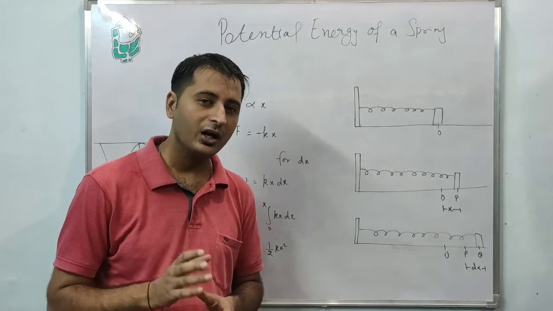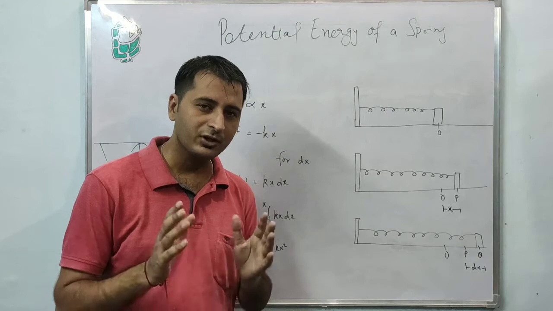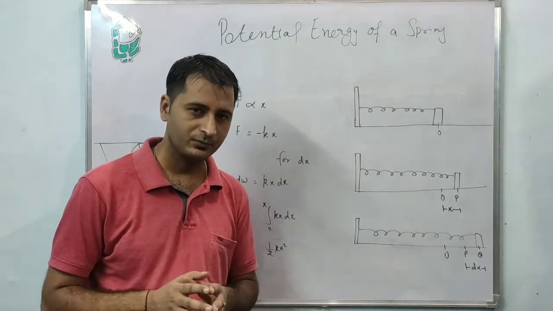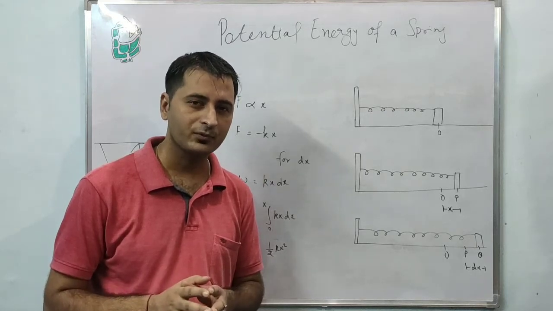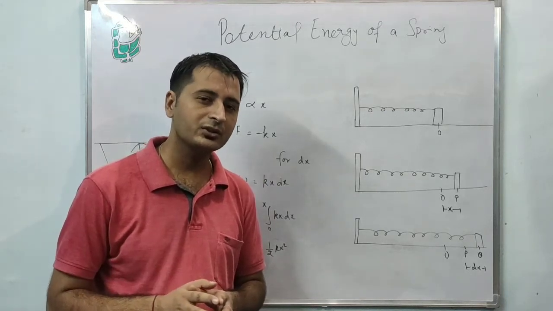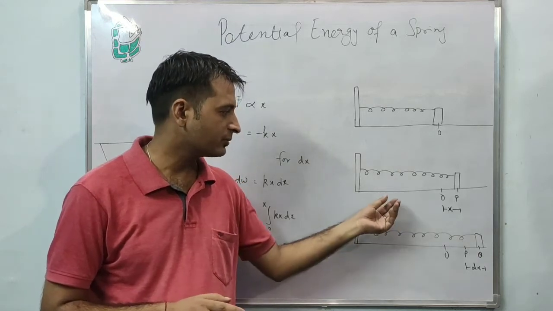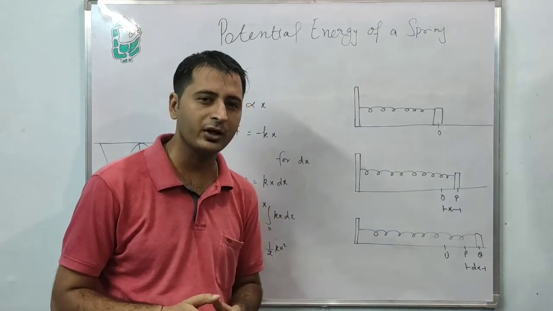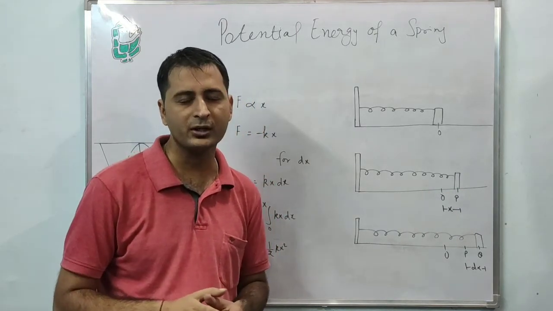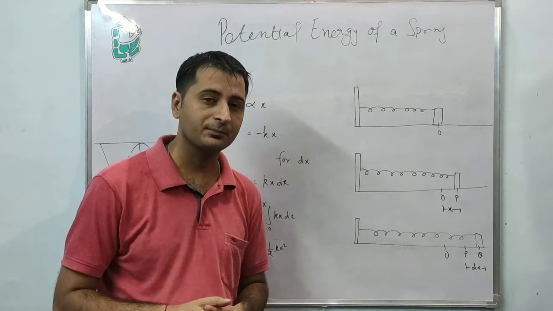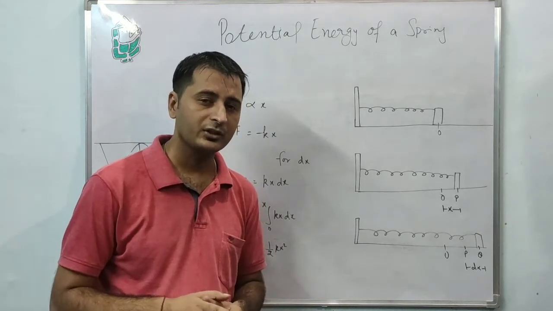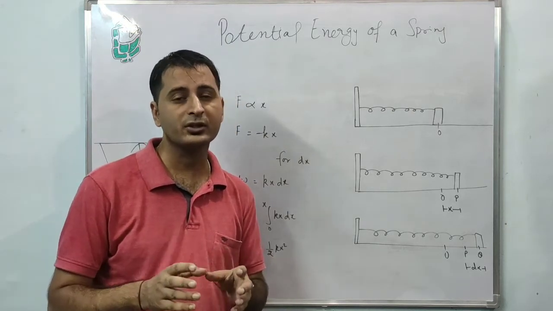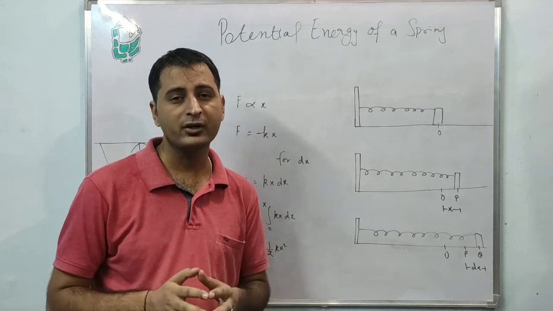Clear? After that we want to calculate the work done in this system. What is the basic work done during the system? Here we need to understand one thing: during the displacement of a block from the mean position to any point, whatever force we are applying is not constant, it is a varying force. That creates a difficulty in measuring the work done by a varying force.